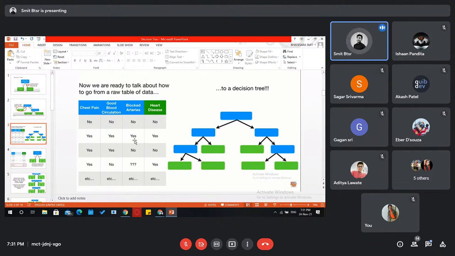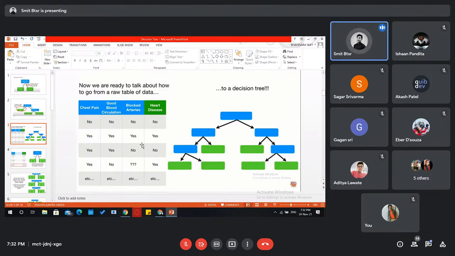Doctors can know by examining, but if we see here, both of them have chest pain, right? Both of them have good circulation of blood, and one has blocked arteries and another one does not have blocked arteries. So it seems like heart disease only depends on blocked arteries, right?